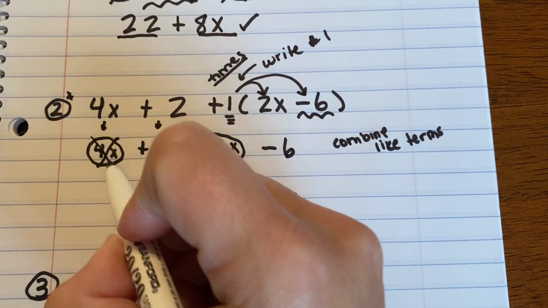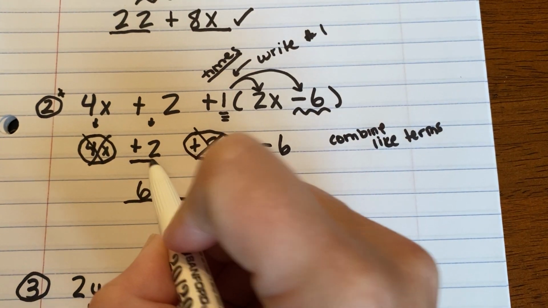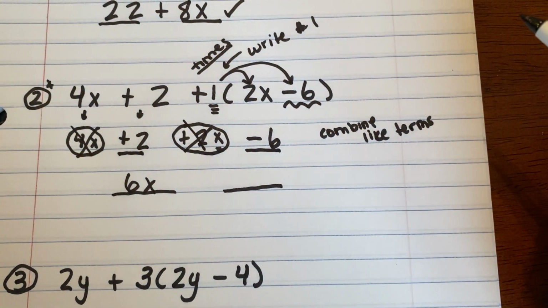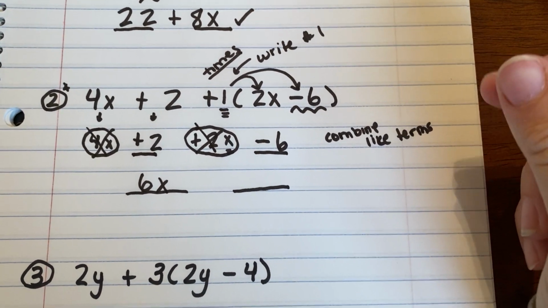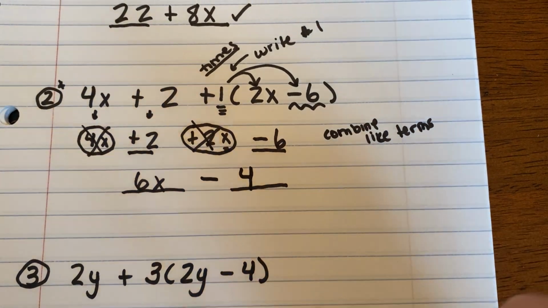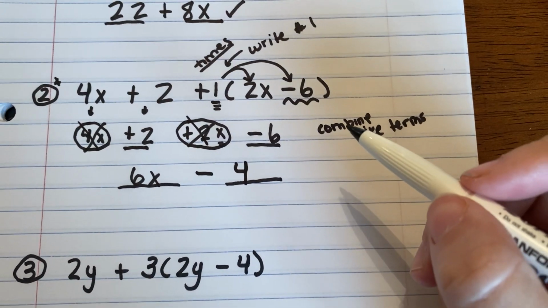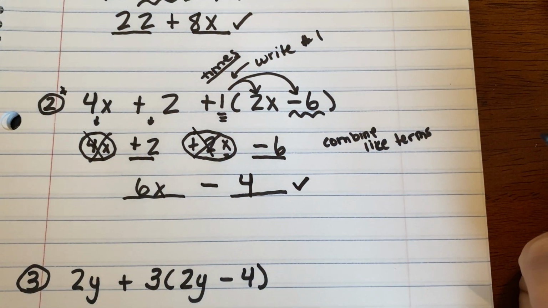We can cross these out to help simplify it. Now let's underline the next one. 2 minus 6. Be careful when you do this. Make sure you're using your calculator, because 2 minus 6 is going to get a negative 4, not a positive 4. So just be careful with the negatives. And that is our final answer, because we cannot combine them.